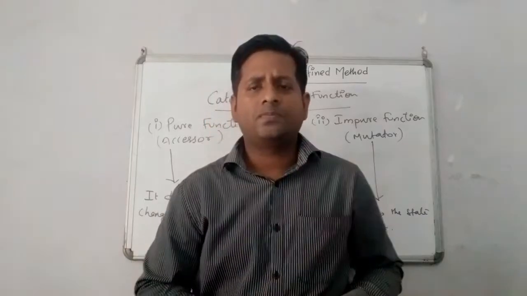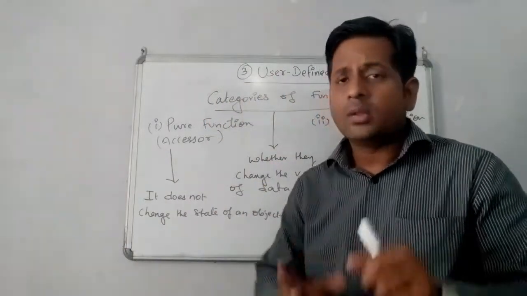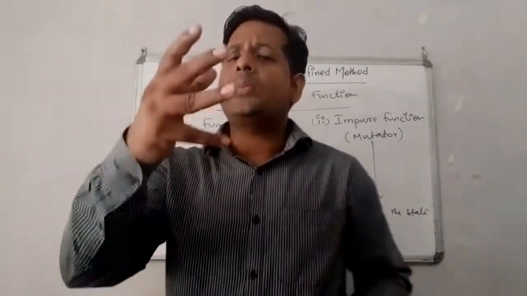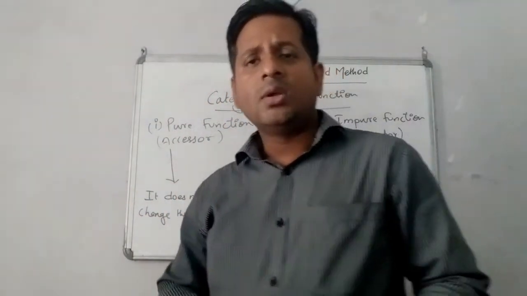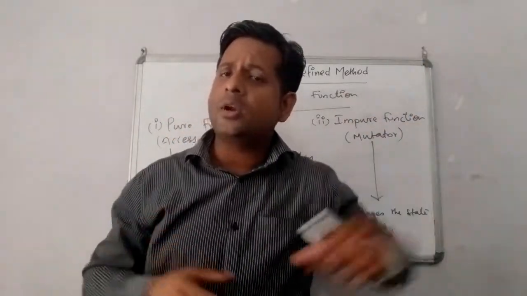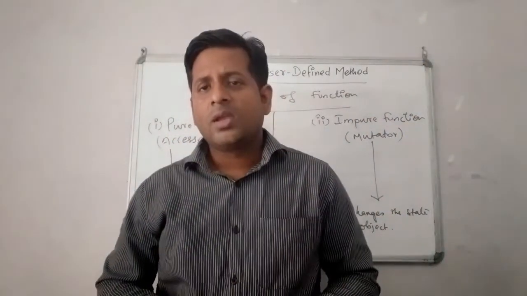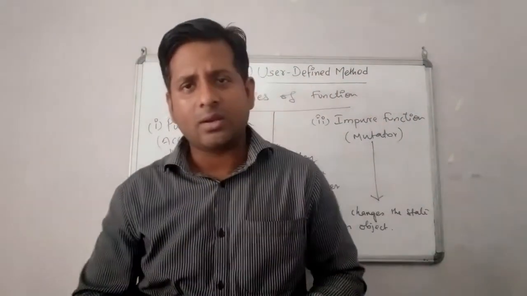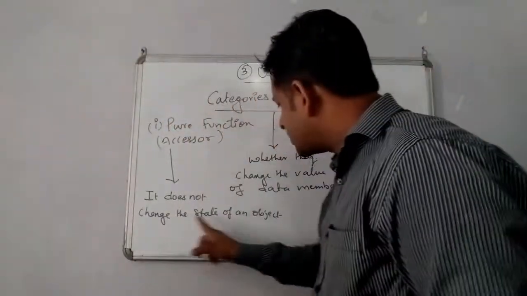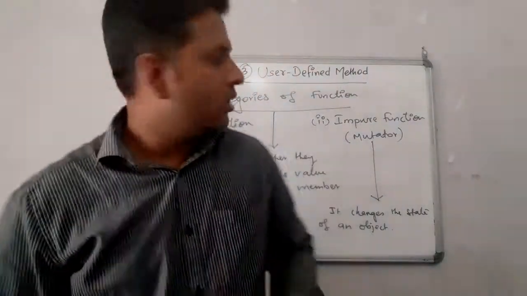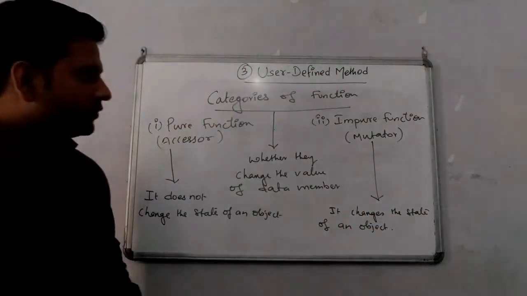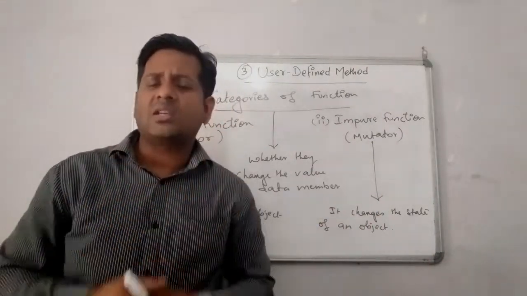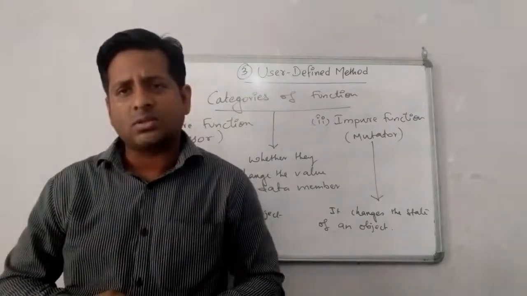So children, pure functions are those functions when we call them through reference or through value, that time it will not change the state of an object. The state means the behavior, the characteristic, the value you passed. Suppose you are passing int, it won't be converted to float, not possible. If you are sending 2 as the argument value, it will not convert it to 3 or something like that. It does not change the state of an object. Whereas in case of an impure function, it changes the state of an object. Now what is the state? State means again a behavior or characteristics.